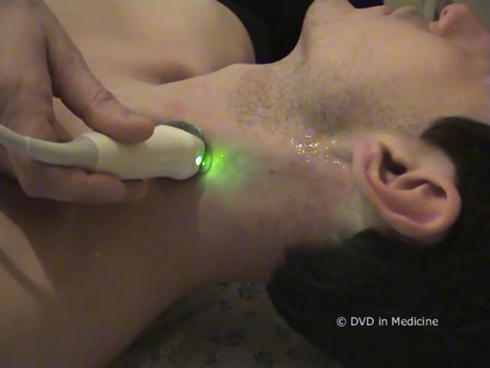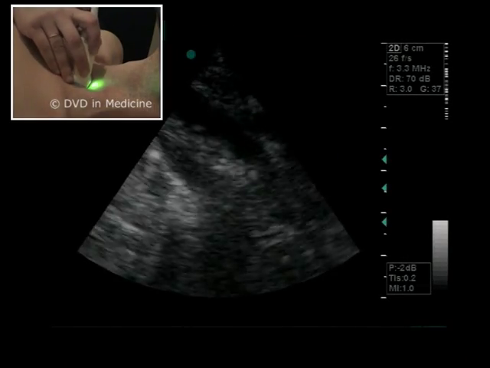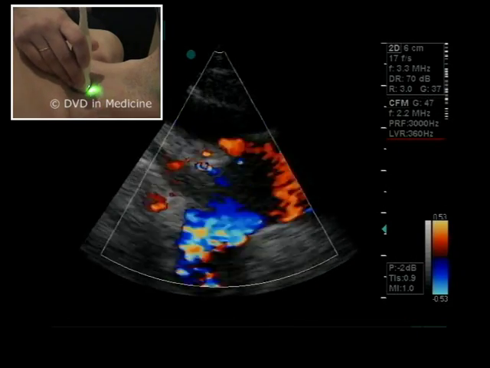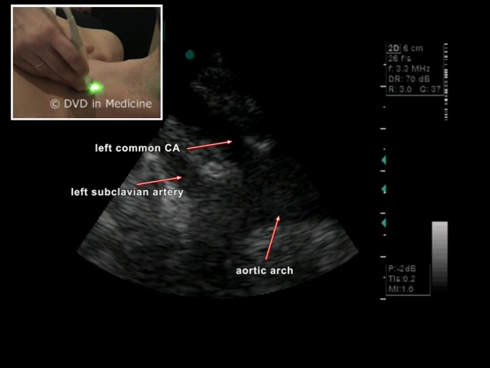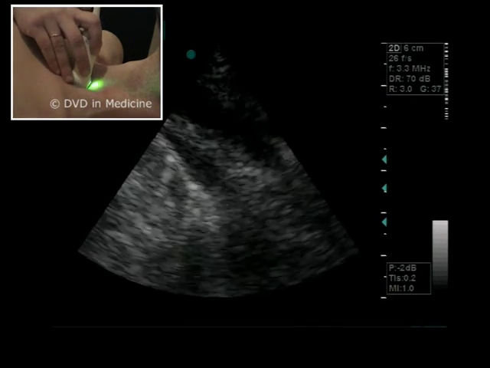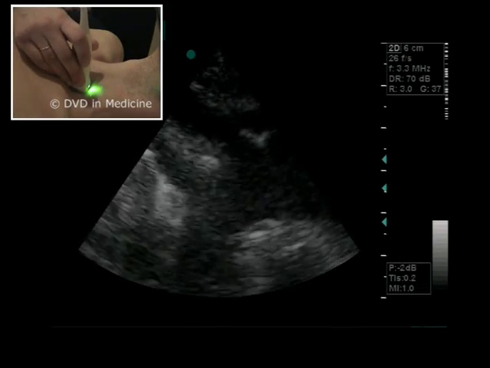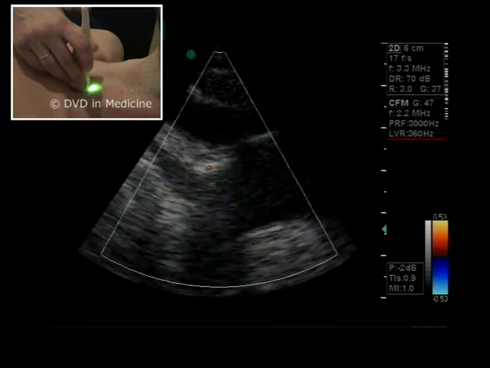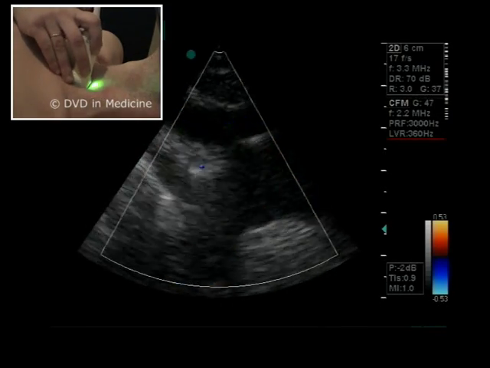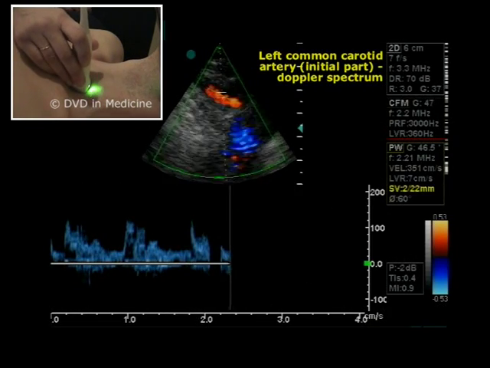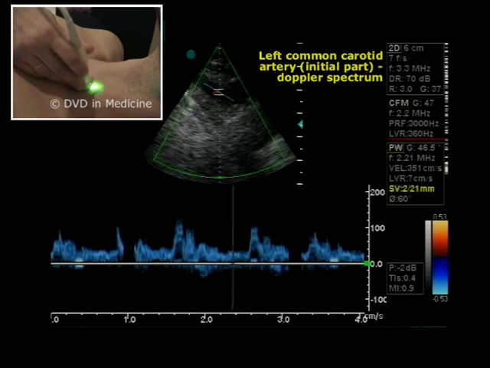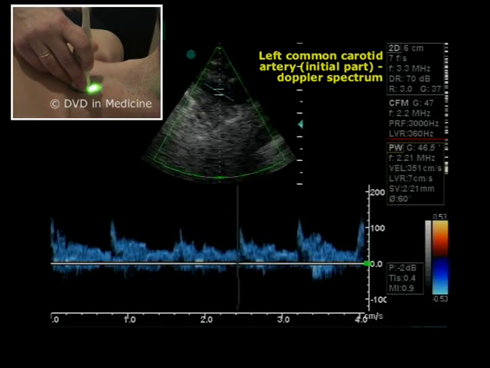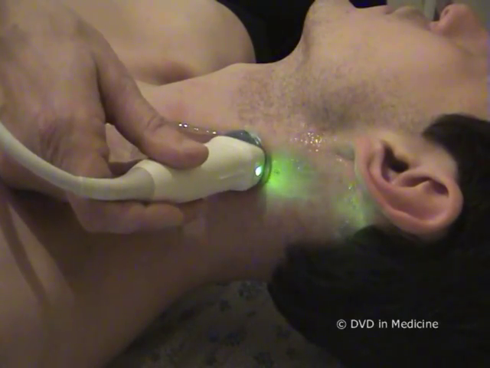These approaches and parameters of the transducer allow us to obtain images of the proximal part of the common carotid artery, of bifurcation of the internal and external carotid arteries.